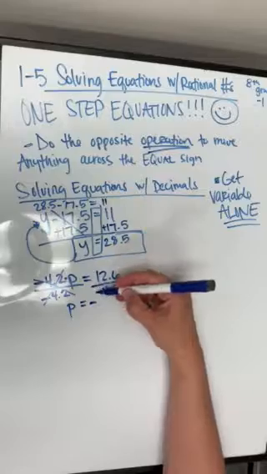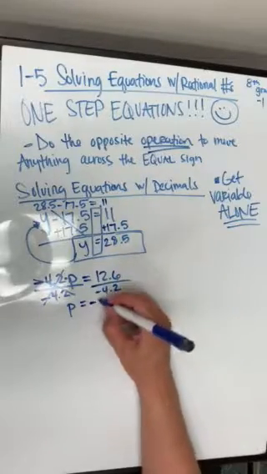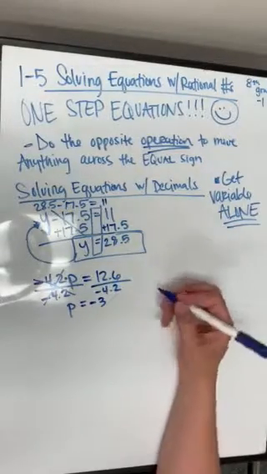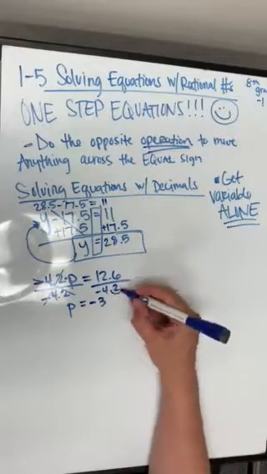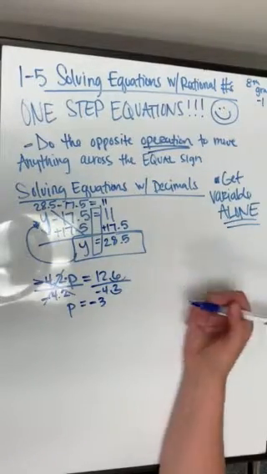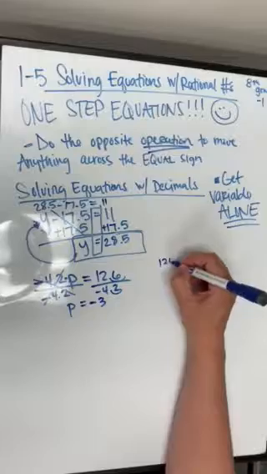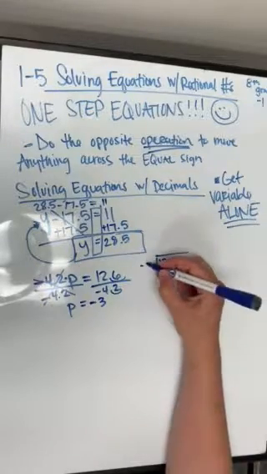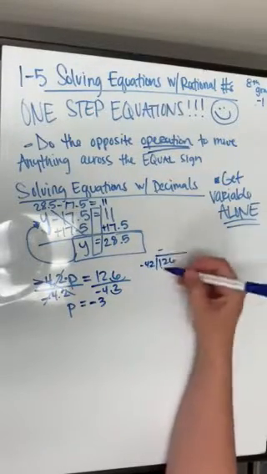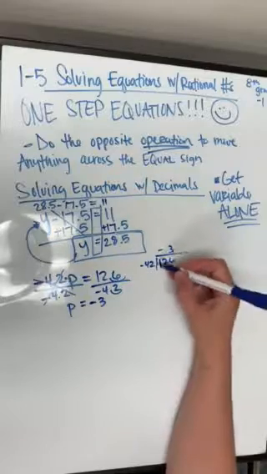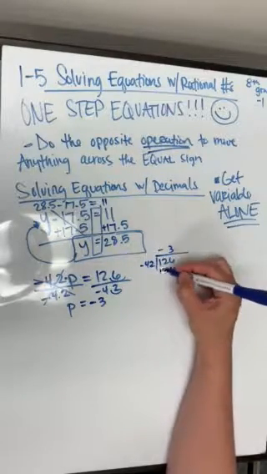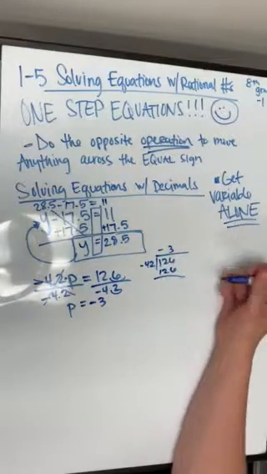A positive divided by a negative is a negative. Our answer is negative 3. If you guys wanted to do a longhand, remember you would have to move that decimal over. So really you'd have 126 divided by a negative 42, giving you your answer as that negative 3. 3 times 2 is 6, 3 times 4 is 12. Boom, you have it, right?